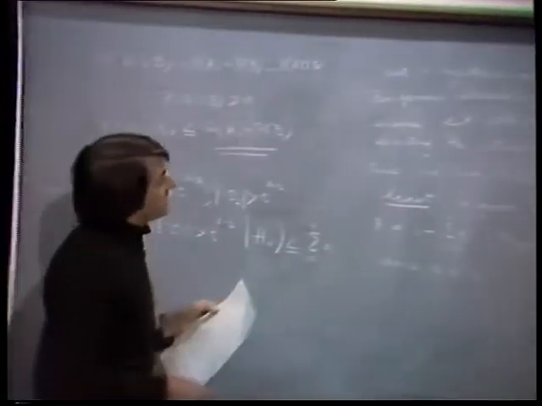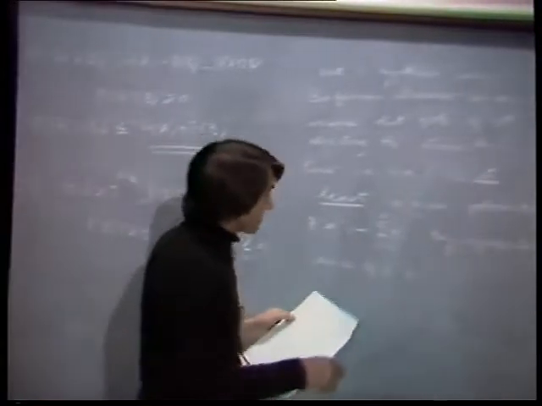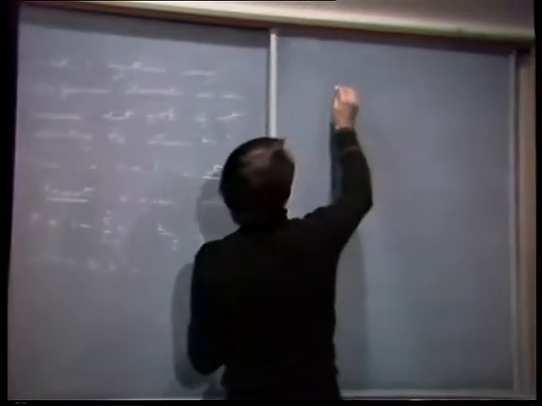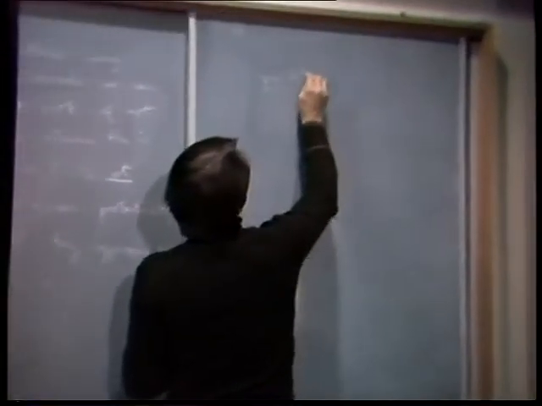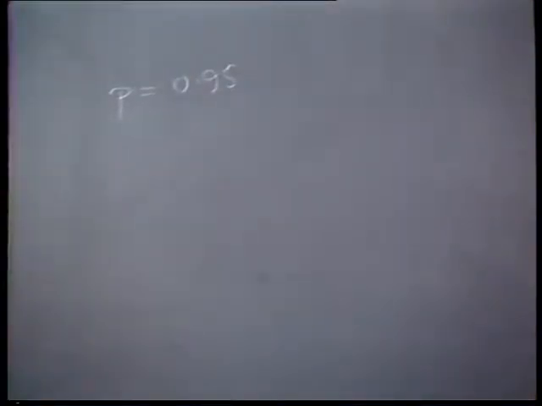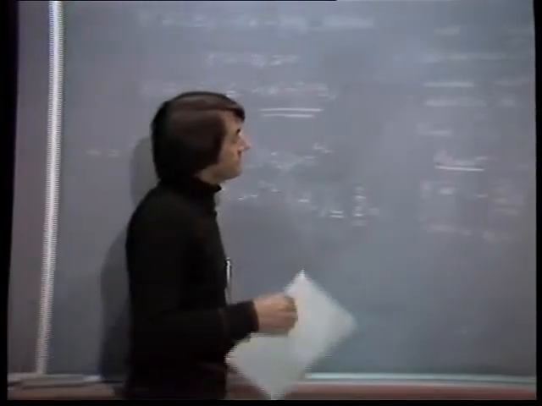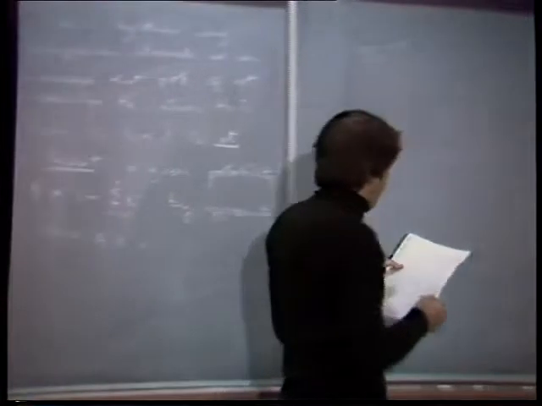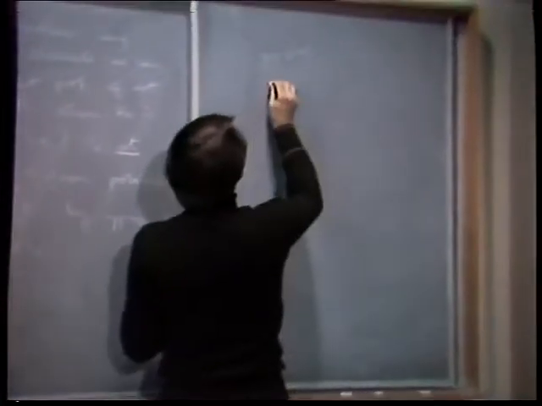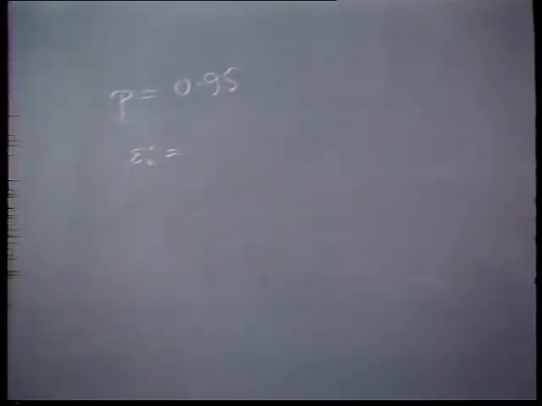If we now consider a particular example, and let's choose P to be 95%. In other words, we're saying alpha, we want to be a conventional 5%. And also, to simplify the calculations, we'll assume that all the epsilon i's are equal to a common epsilon.